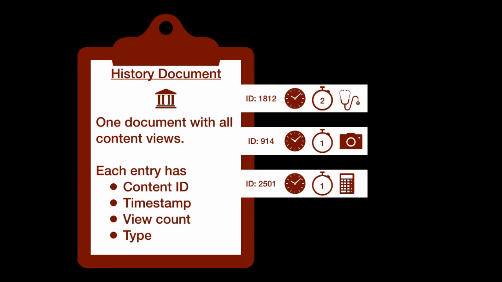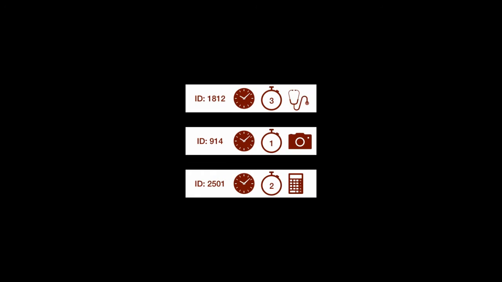So for example, the medical topic is viewed again and again, and then the calculator is viewed again. So from this, we have a domain object that consists of the history of the interactions that the user has had with the application.